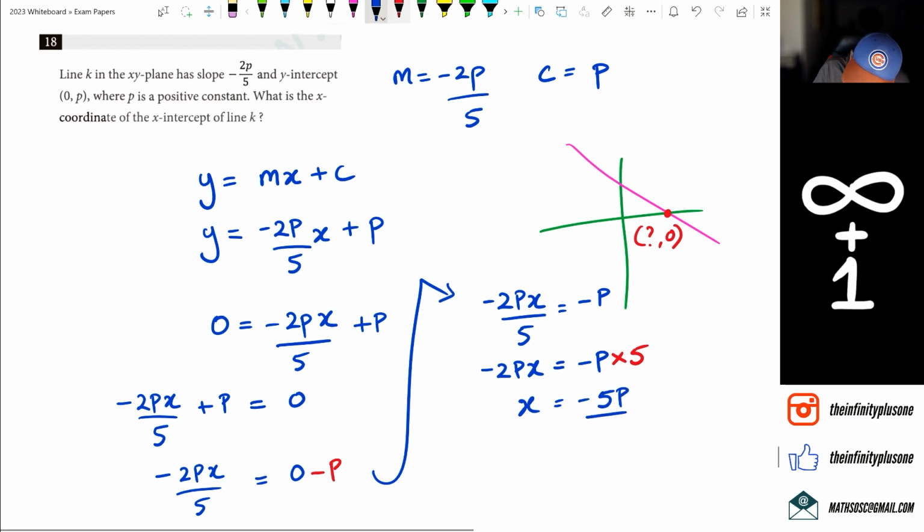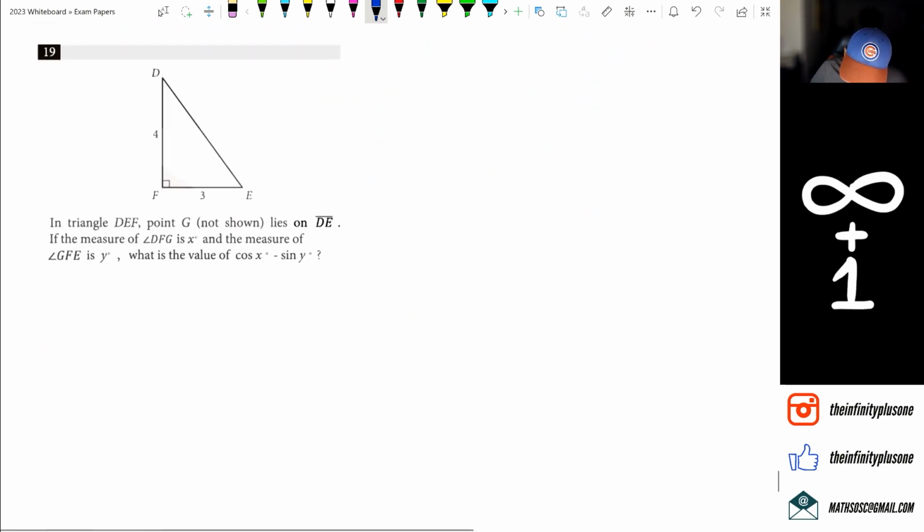And that's all divided by negative 2p. Now, of course, at this point, you can kind of see that the two p's are going to cancel out each other. The negatives are going to cancel out each other. And we are left with x is equal to 5 over 2. Cool.